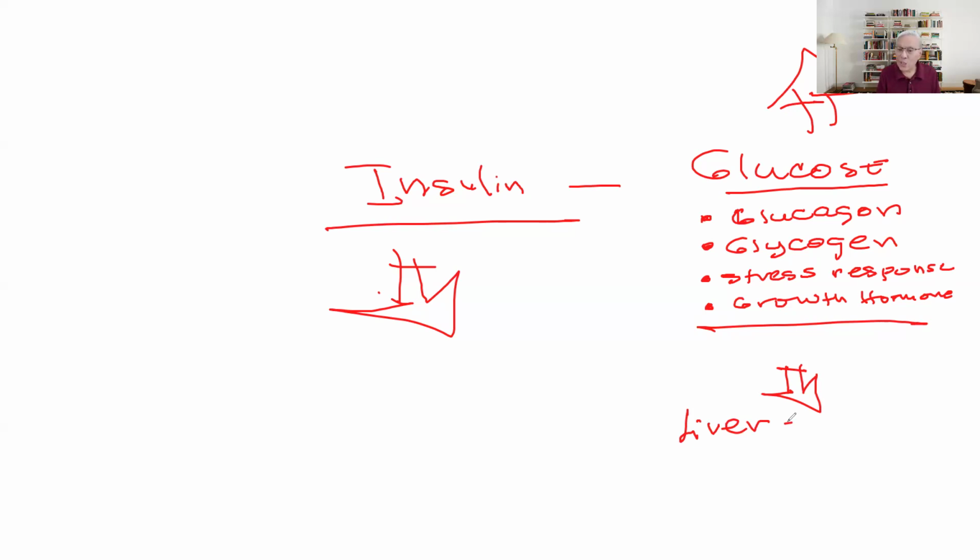Or in cases wherein there's going to be a decrease in insulin, there's going to be a shutting off of the glucose production as a normal mechanism. But in diabetes mellitus, this goes awry, and the insulin production is either decreased or is not utilized.